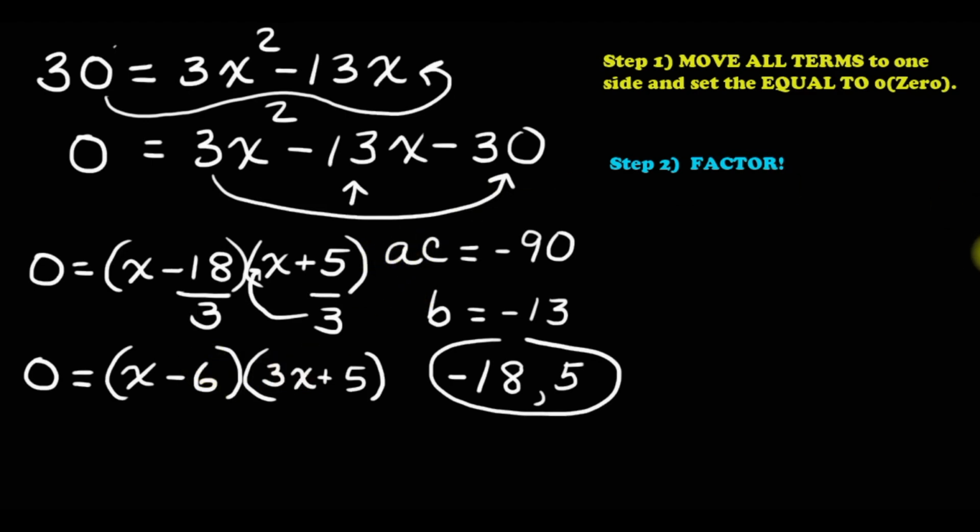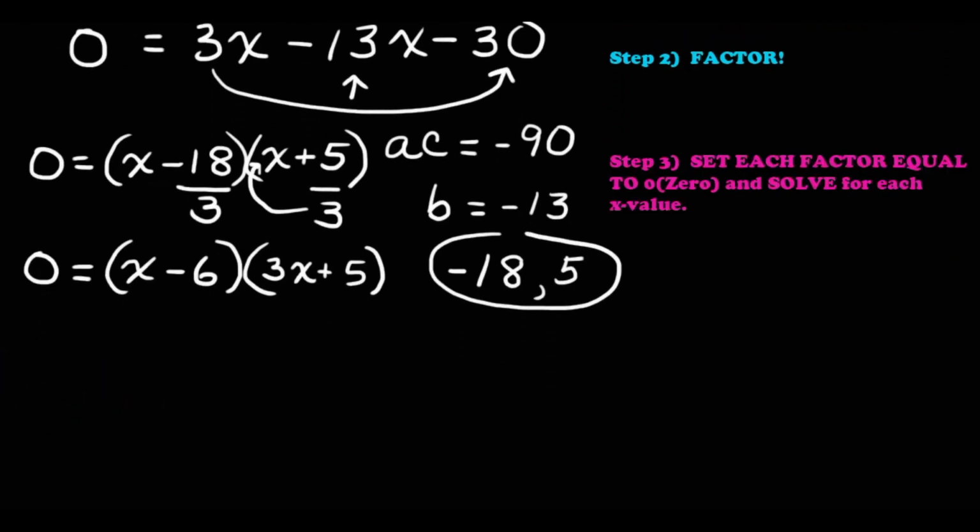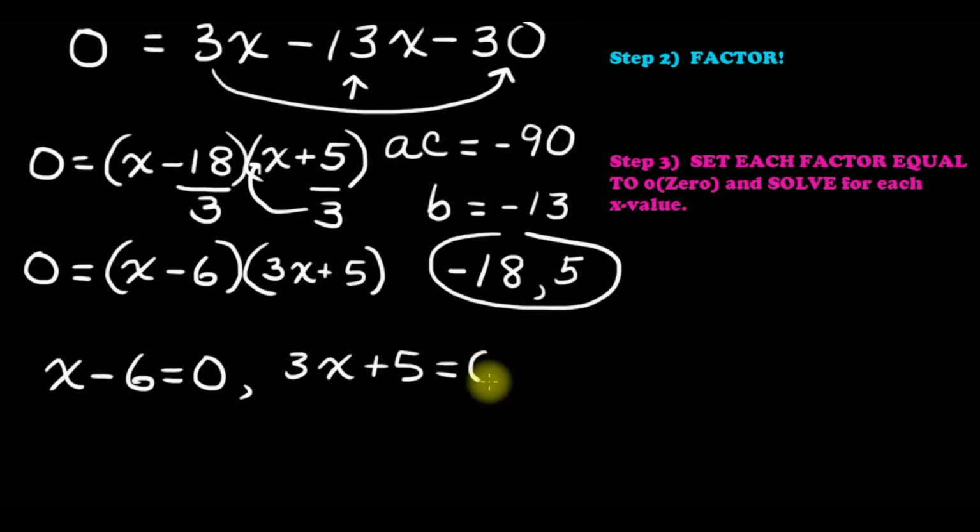Now step 3, we're going to move this up a little bit so we have more space to write. Step 3 is to set each factor equal to 0 and then solve. So we have two factors. We set x minus 6 equals 0, or 3x plus 5 equals 0. Then we solve for x.